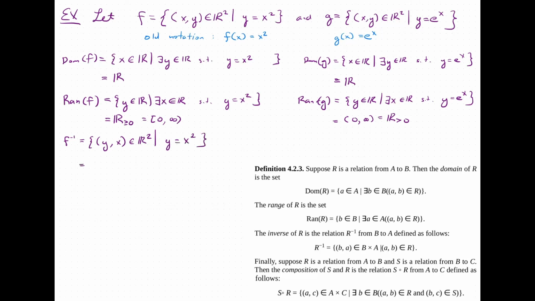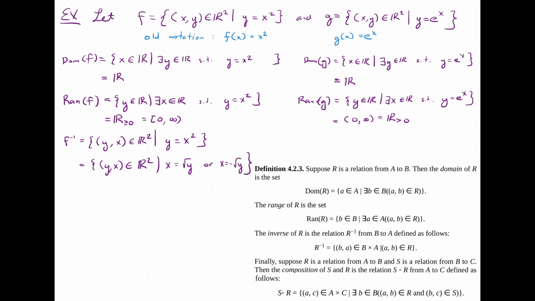If we solve for x, we get x is equal to the square root of y, or x is equal to the negative of the square root of y.